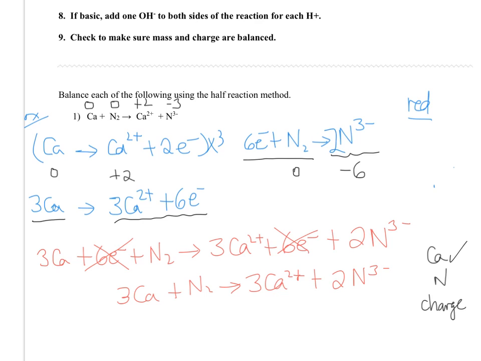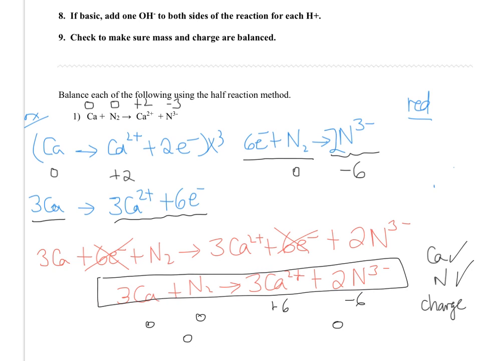The nitrogen, we have 2 and 2, so that checks. The charge, this is neutral for a total of 0. This is plus 6, this is minus 6 for a total of 0, or neutral, so they match. So that means it is correct. So this is your balanced equation.